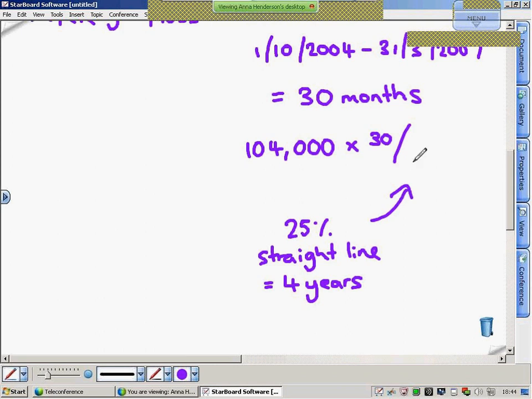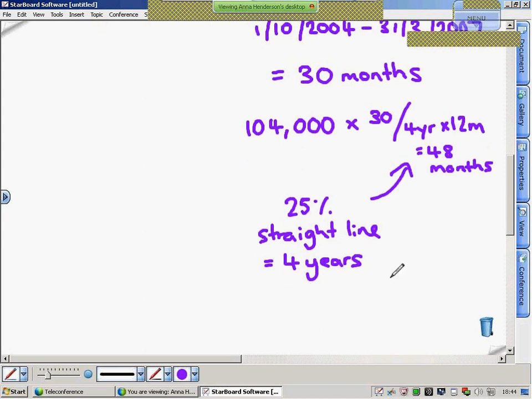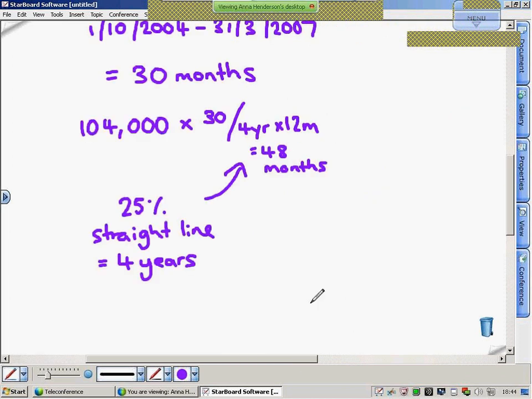So we charge depreciation for 4 times 12 months, 48 months in total. The depreciation that would be is 5,000.